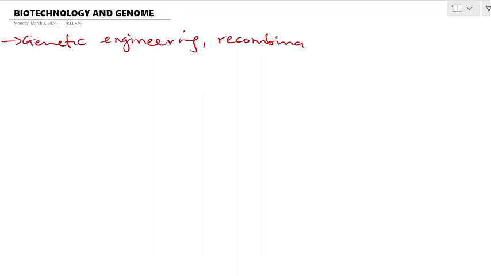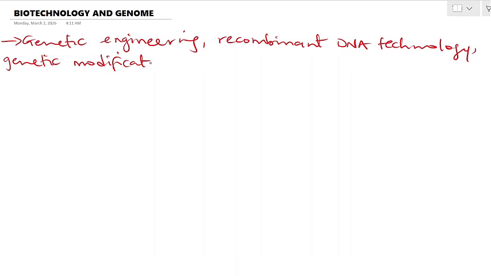So we look at genetic engineering, recombinant DNA technology, genetic modification or manipulation, abbreviated as GM, and gene splicing.